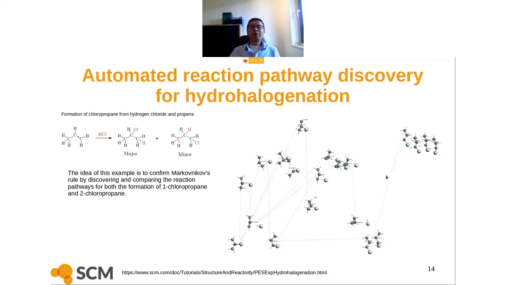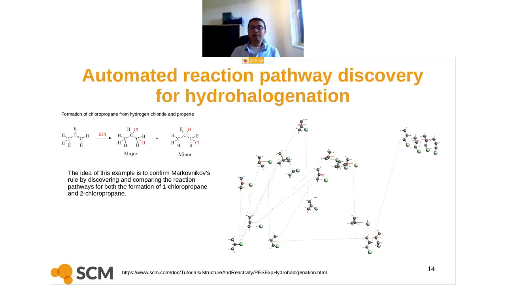So with just that, you are going to get an energy landscape like this. Normally the problem with this is that you receive a lot of information. You receive, in some cases, hundreds of different local minima and transition states, and you need to filter out the information that you really need. With our graphical user interface, you can do that.